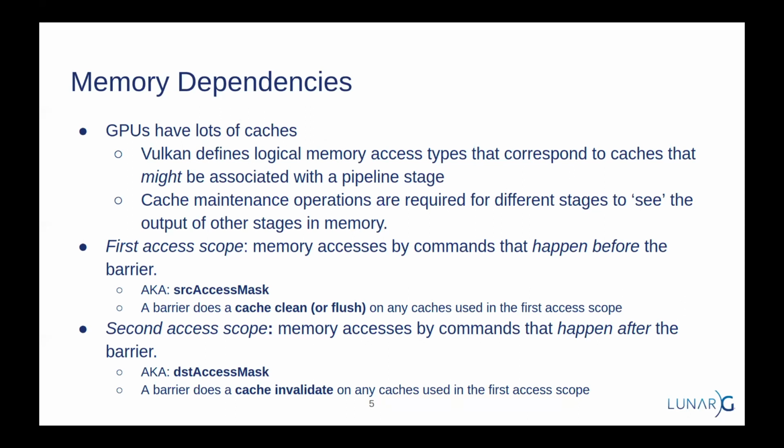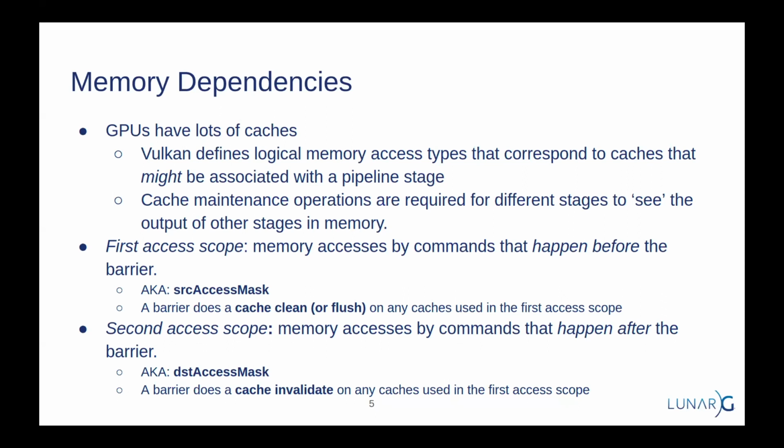Not all GPUs will have every pipeline stage or every cache. And there'll be cache maintenance operations required to make memory accessible to other parts of the GPU or the main memory. So again, we have these access scopes, which are the same idea as the execution scopes, but for memory.